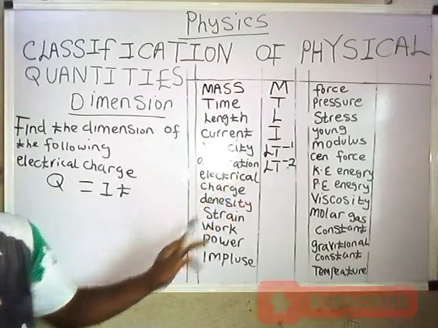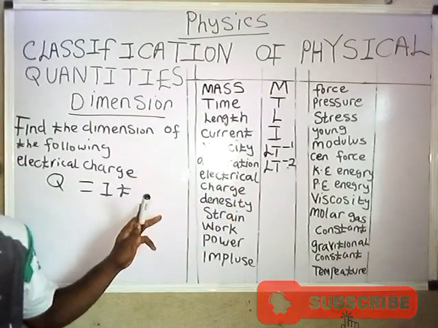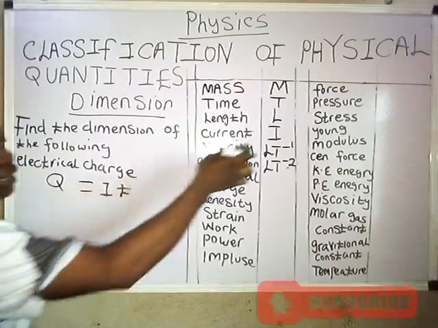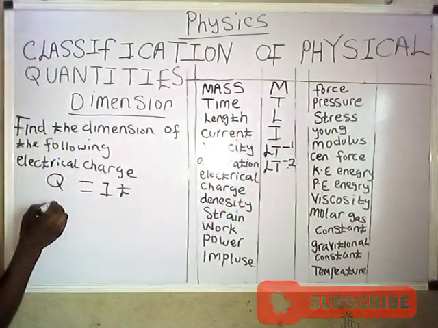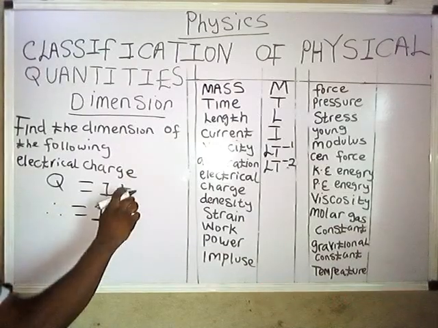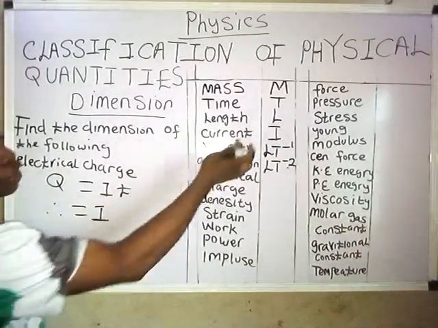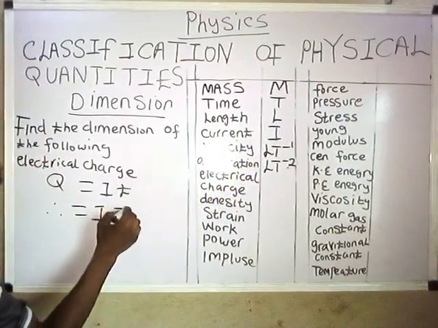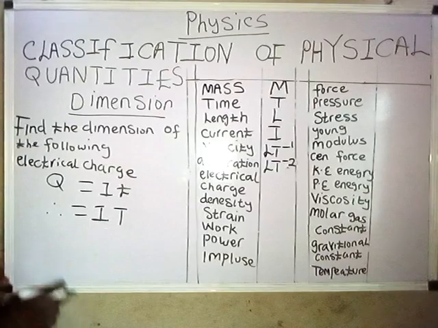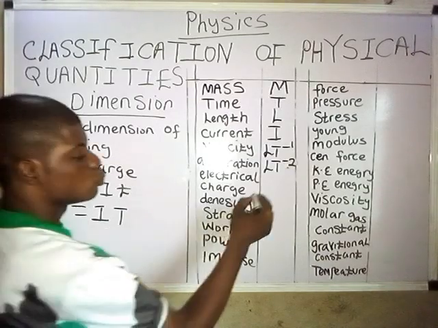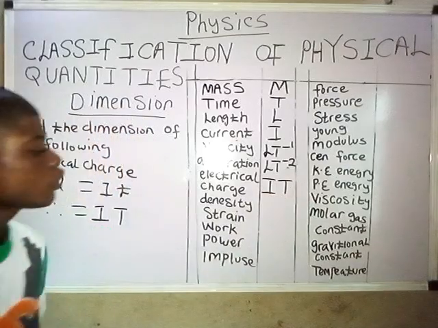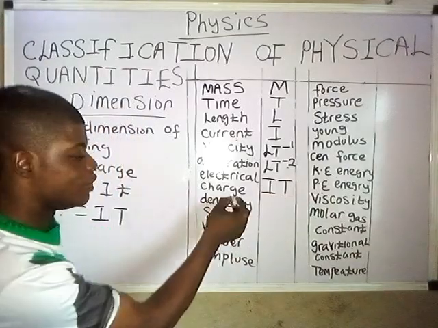The formula for electrical charge is Q equals I t, where I is current. Dimension for current is I, and dimension for time is T. So the dimension for electrical charge is I T. Very simple, it's not hard.